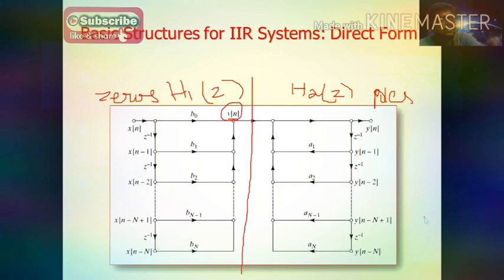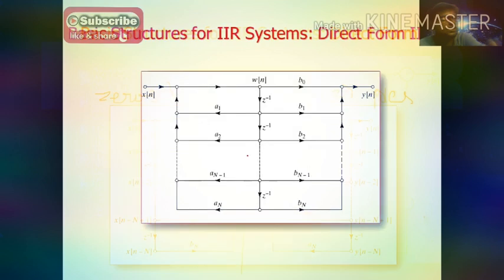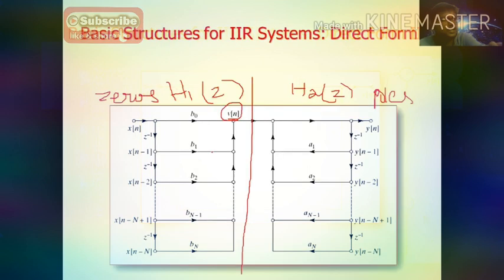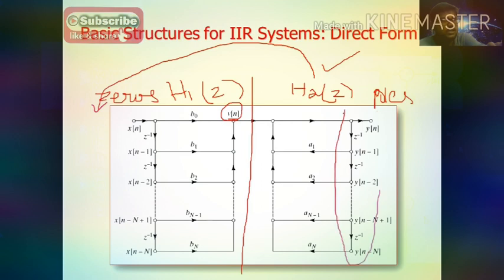Now see direct form 2, and look at the difference. First I construct this portion, h2 of z. It means the second part of the system comes here in this area. Here also we have delay element blocks.